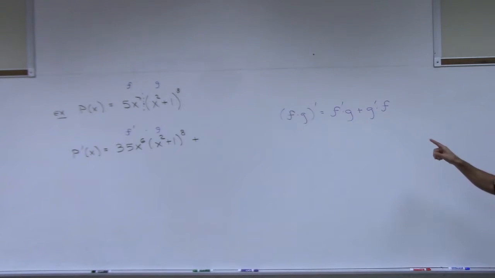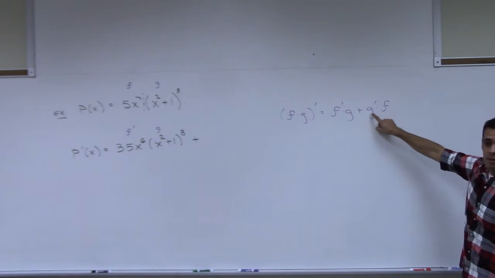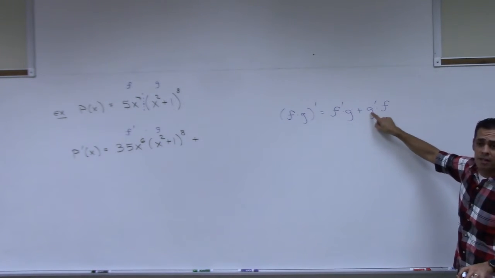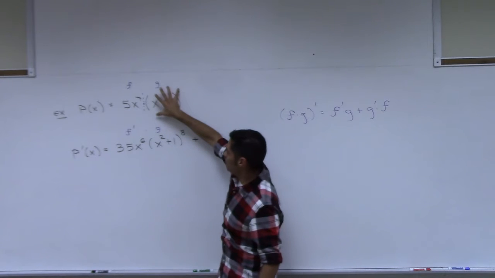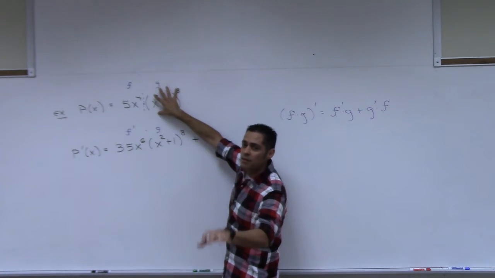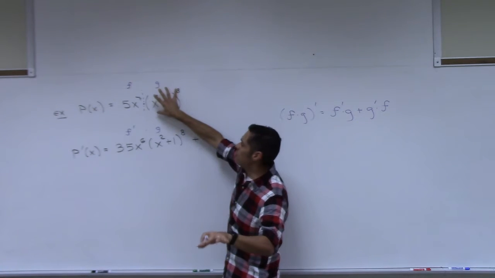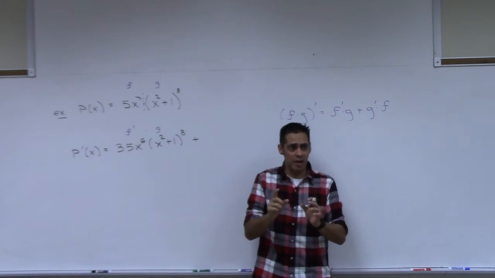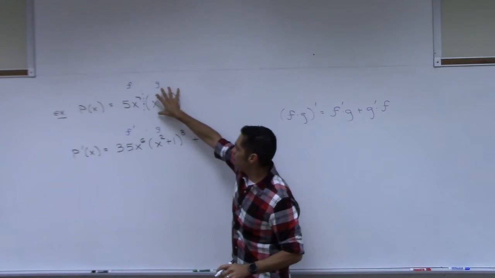It'll be 8. So you're doing g prime, right? And this is the part that's tricky in the problem, because the derivative of g is the derivative of this thing, and to do the derivative of that, you're going to actually have to use the chain rule. So to do this one little piece of this formula requires the chain rule. So go ahead and give me the derivative of g.